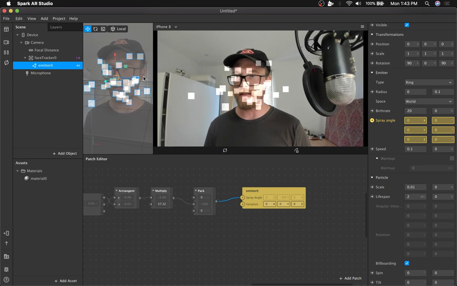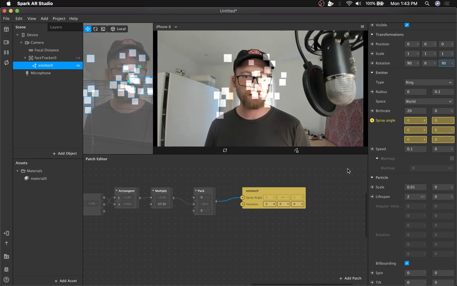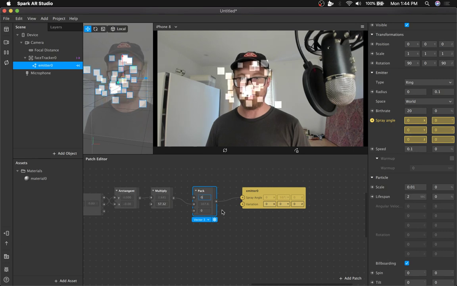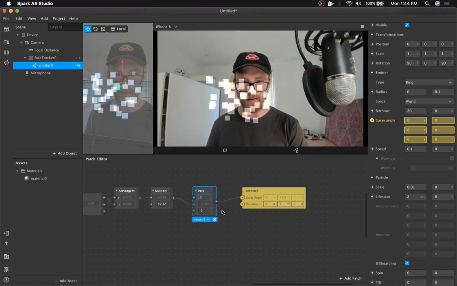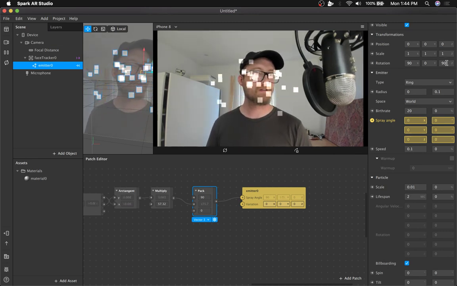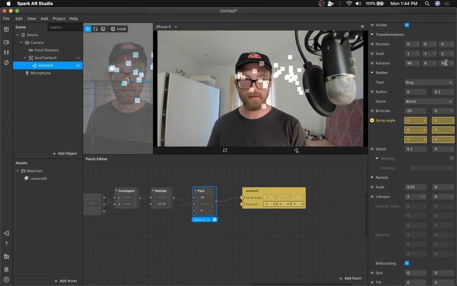And it's still moving in z space. Oh, I think in here I need a 90. And then maybe remove this one.